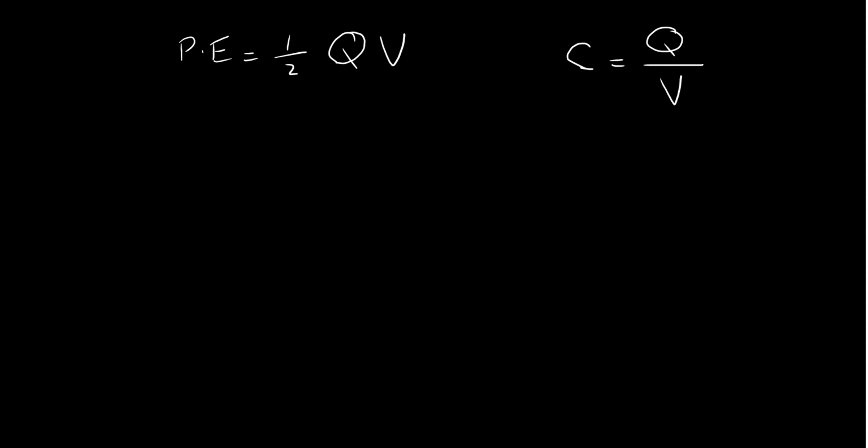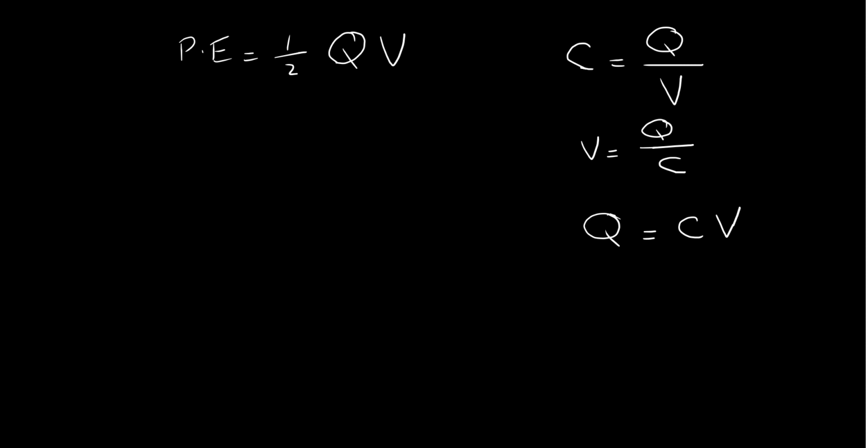Now I can rearrange this formula to be V equals charge over the capacitance, or I can rearrange it as Q equals the capacitance multiplied by the voltage. They are all similar, but it's just a different form.